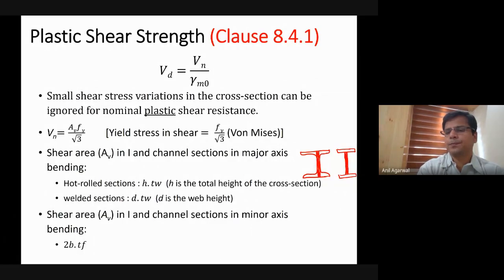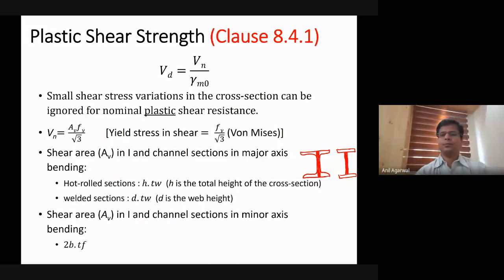Understood? So this distinction we make because we are not sure how much shear stress can be transferred through the weld, and that's why we take a smaller area in case of a welded section, and in case of a hot rolled section we can take the full depth of the cross section.